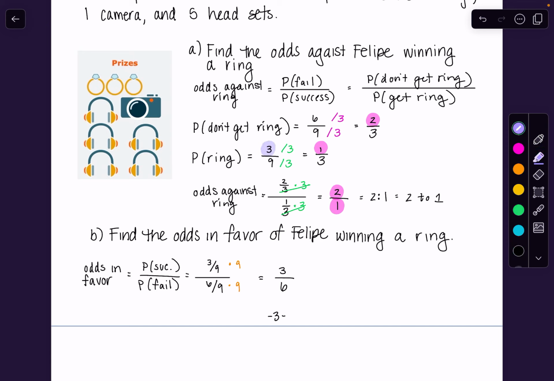Okay. So 3/6. So your odds would be 3-6, but that's not reduced. So if I want to put it in that reduced form, 3 and 6 are just both divisible by 3. So really at every step, you would take each side and divide it by 3.